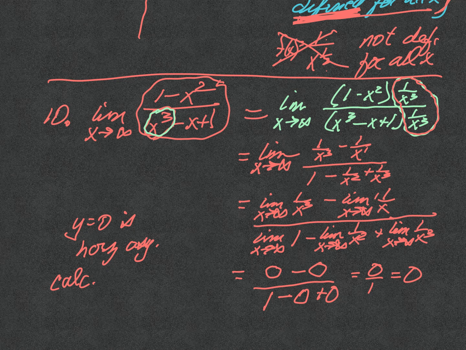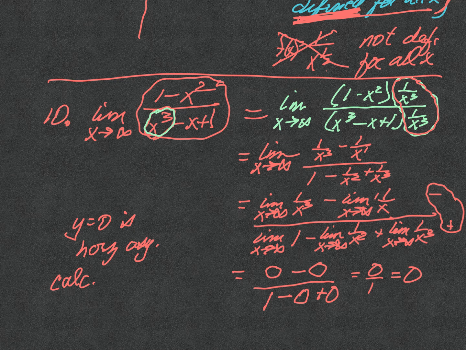So 1 over x cubed minus 1 over x would be essentially a negative number. And then I would look at the denominator, and I'd have 1 minus something less than 1 added to something even smaller than that, less than 1. So it's close to 1, so it's positive. So I would say, oh, this is a negative over a positive, so it's negative.